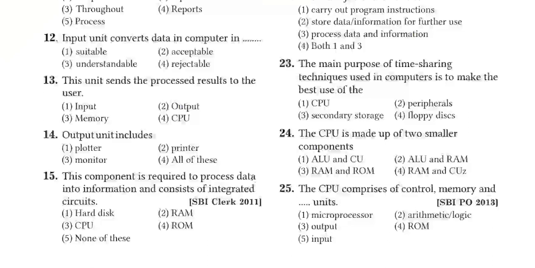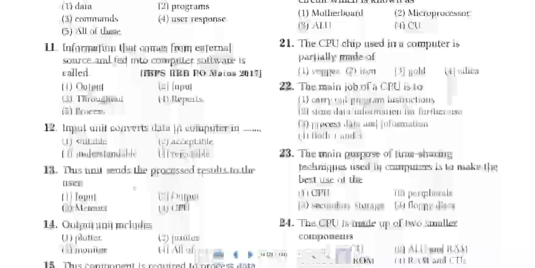The 15th question, this component is required to process data into information and consists of integrated circuits. So CPU is the component which is required to process data into information and it consists of integrated circuits.